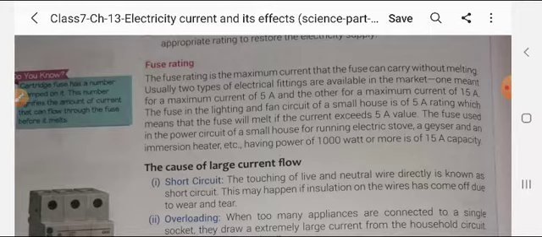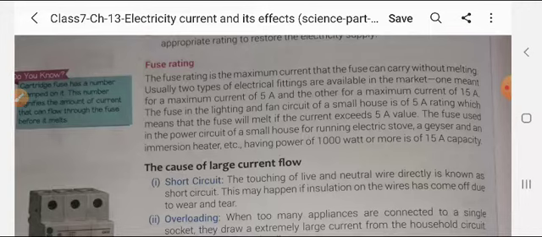Usually two types of electrical fittings are available in the market. One is meant for a maximum current of 5 ampere and the other for a maximum current of 15 ampere. So students, there are two types of electrical fitting, one with a load of 5 ampere and another of 15 ampere. The fuse in the lighting and fan circuit of a small house has a maximum capacity of 5 ampere.